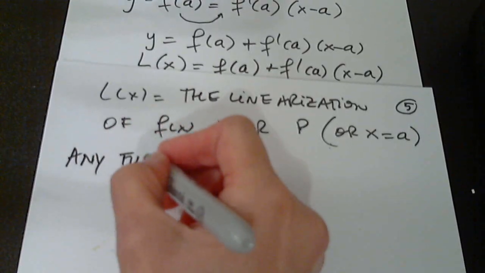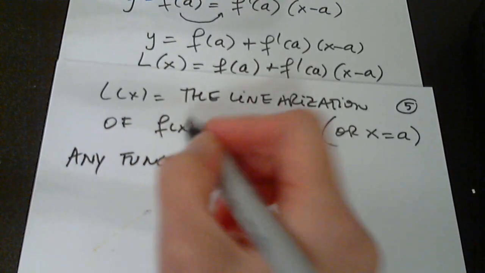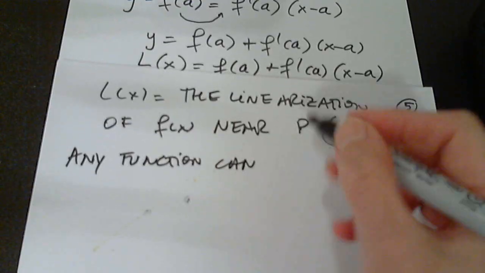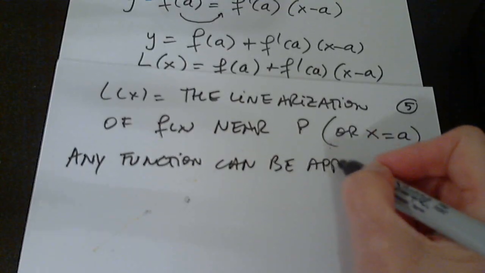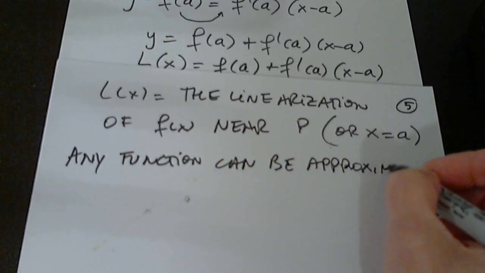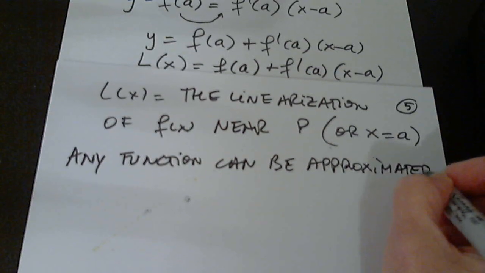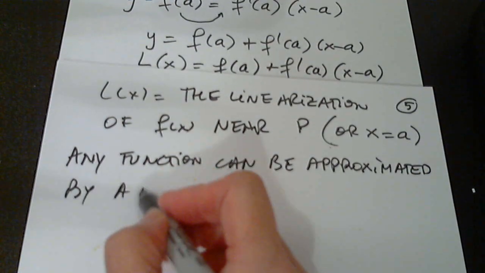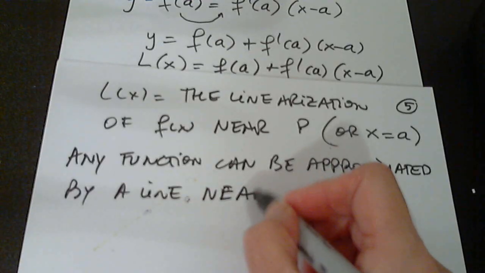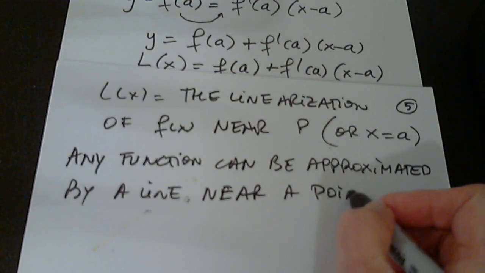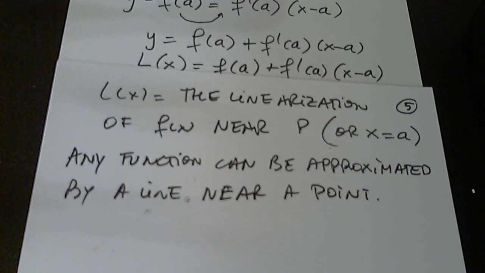Any function can be approximated, or the linearization can be determined, in other words, can be approximated by a line near a point. Of course, the function has to be differentiable at that point, so all these conditions have to be in place.